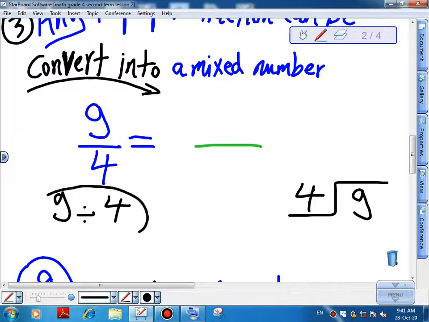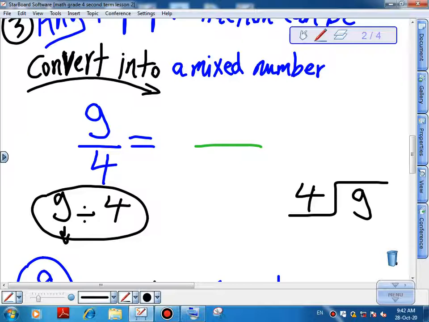If we search in the times table of 4, we search for the nearest number to 9 that can be divided by 4, but it mustn't be greater than 9, it should be smaller.